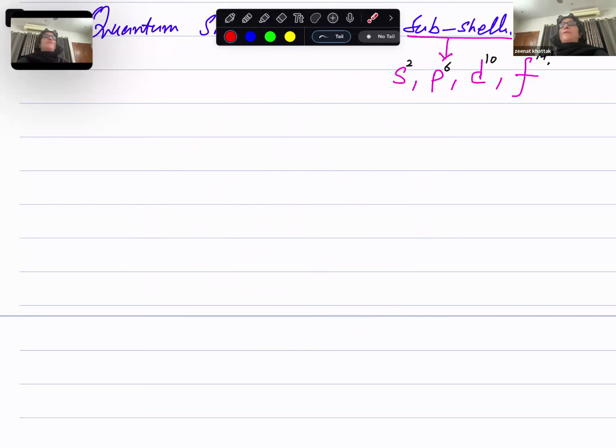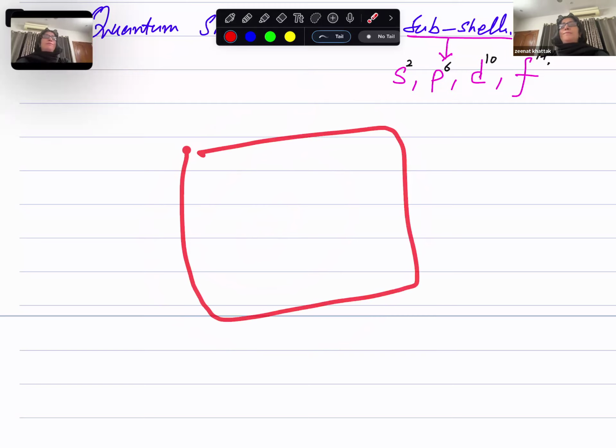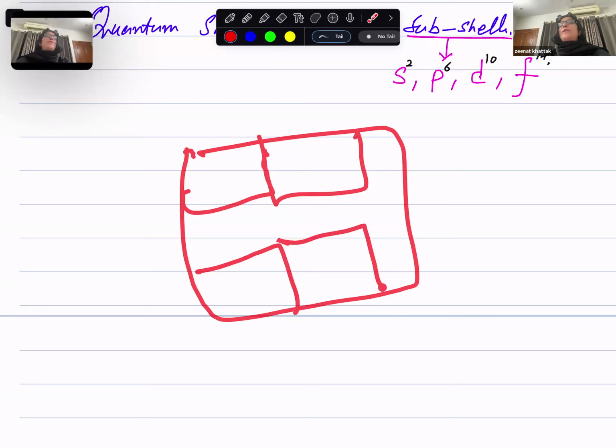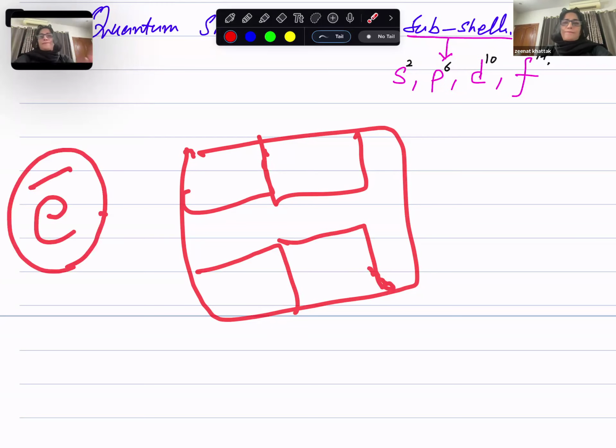As far as possible. You know, suppose this is a house. In this house, there are rooms. When I ask you where you live, definitely you will say I'm living at this place. Like, for example, we want to find out the exact position of an electron in an atom.